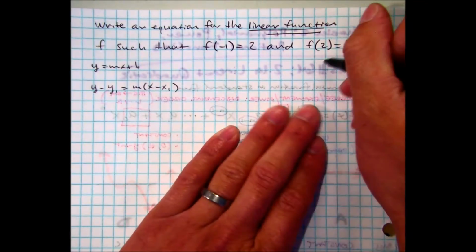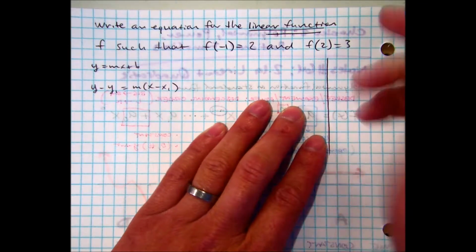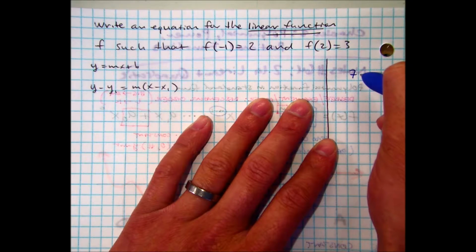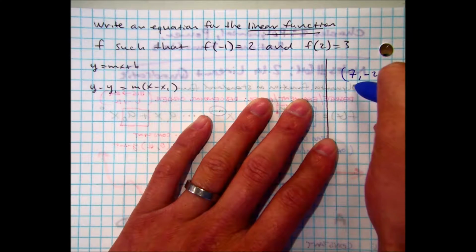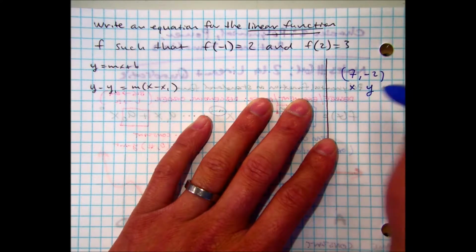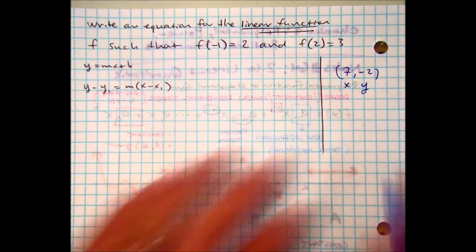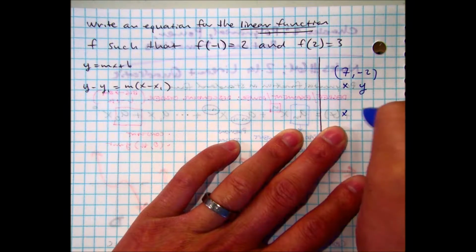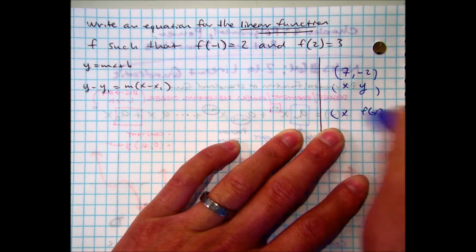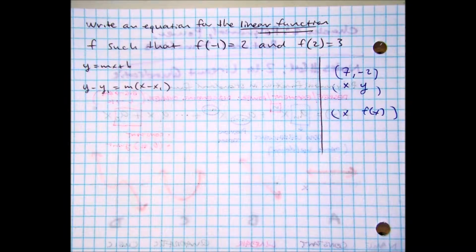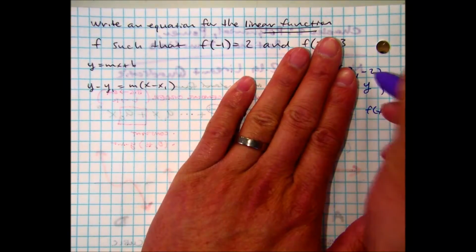So let me do a quick lesson on that. Function notation, let's just say I give you the ordered pair 7 and -2. The first coordinate is the x coordinate and the second coordinate is the y coordinate. Well, a fancy way of saying the y coordinate is saying f of x. So you can write this as f of x equals -2.